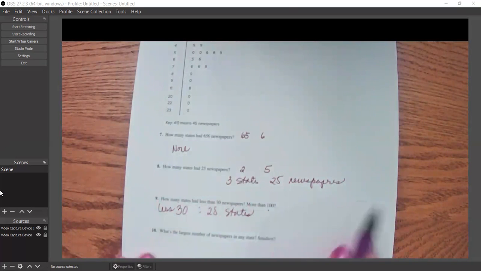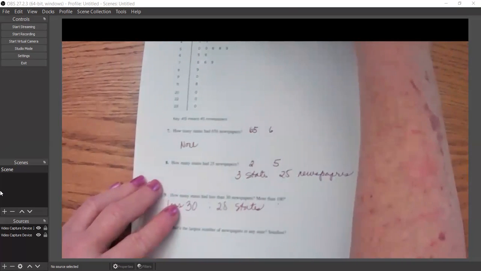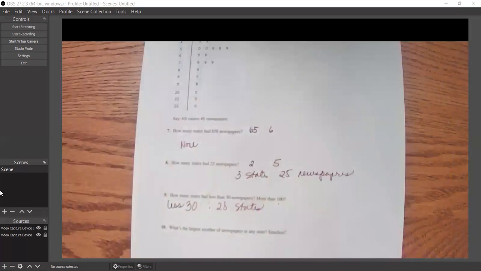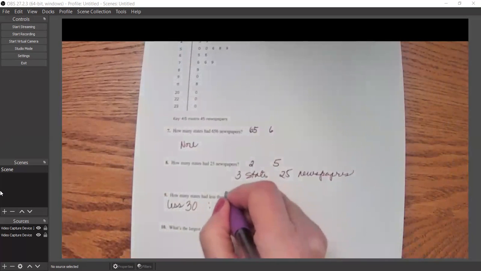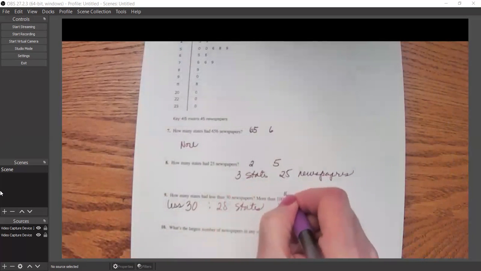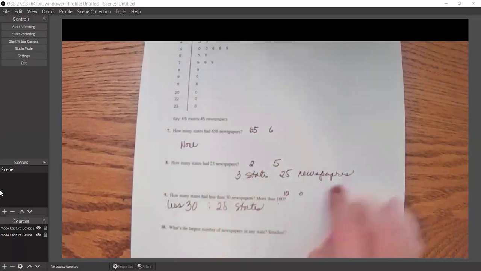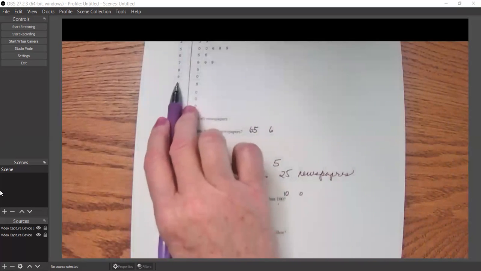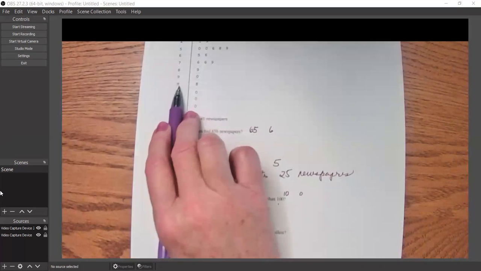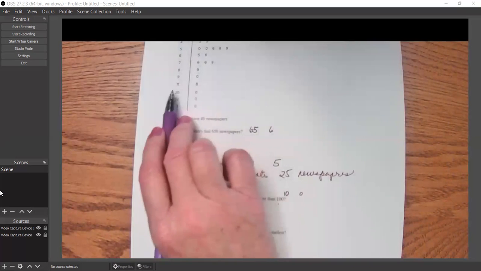Now, how many have more than 100 newspapers? Well, 100 would have a stem of 10 and a leaf of 0 or greater, or a stem greater than 10. So we look here, there's none in the 100s, but here I have the 110s.